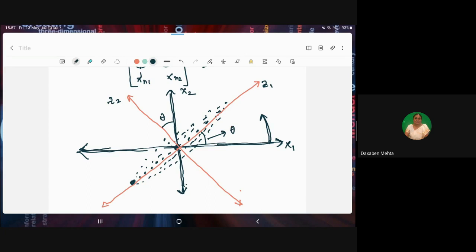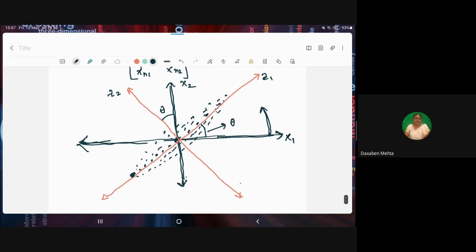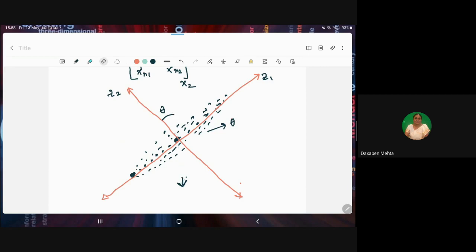Okay. Yes, sir. Now I just erase this black one. Okay, and then we measure the same variability by the earlier technique.